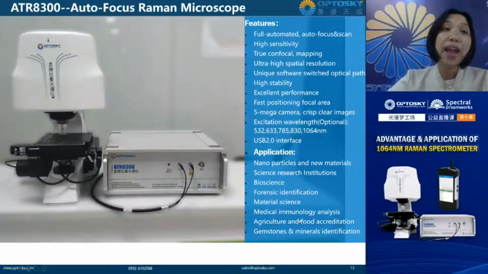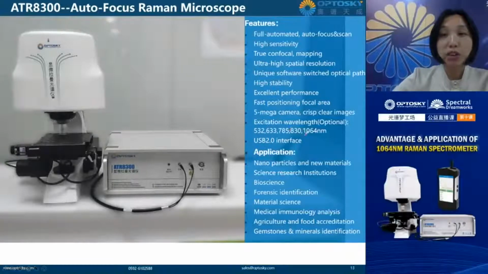And we have the ATR8300 autofocus Raman microscope, and it also has the 1064 nanometers.